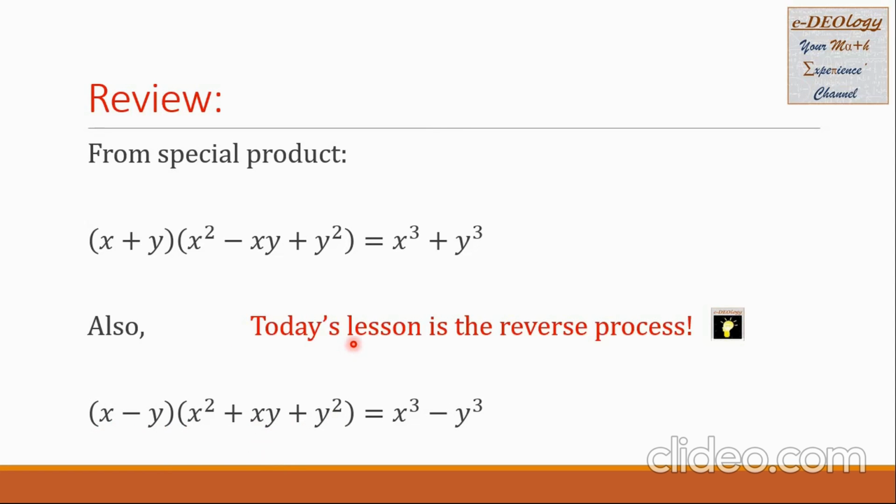For today's lesson, we will do the reverse process. The problem will be the sum of two cubes or the difference of two cubes, and you will be required to provide the factors of this form or of this form.